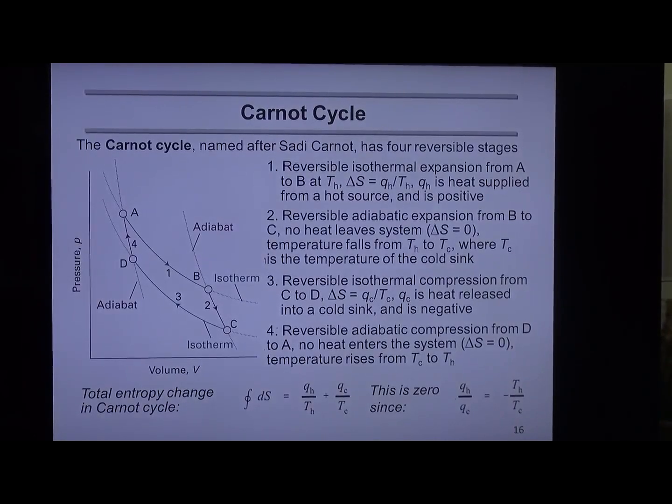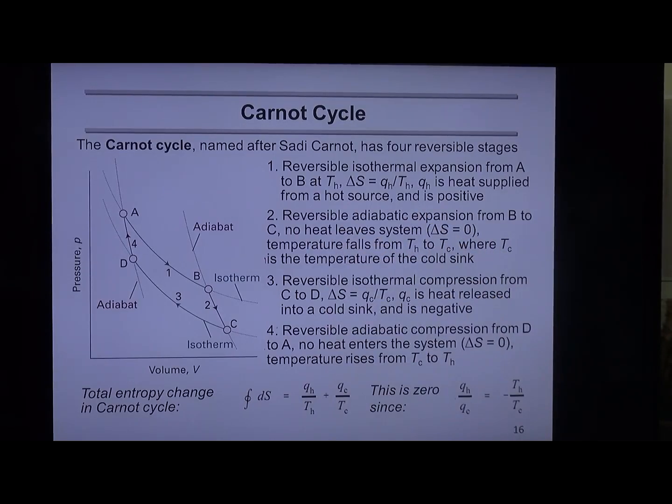Okay. First, we need to introduce what the Carnot cycle is. The Carnot cycle, named after Sadi Carnot, has 4 reversible stages. The Carnot cycle is also called the Carnot engine. You remember what a heat engine is, right? A heat engine is a tool used to convert heat to work by doing a cyclic process, right?